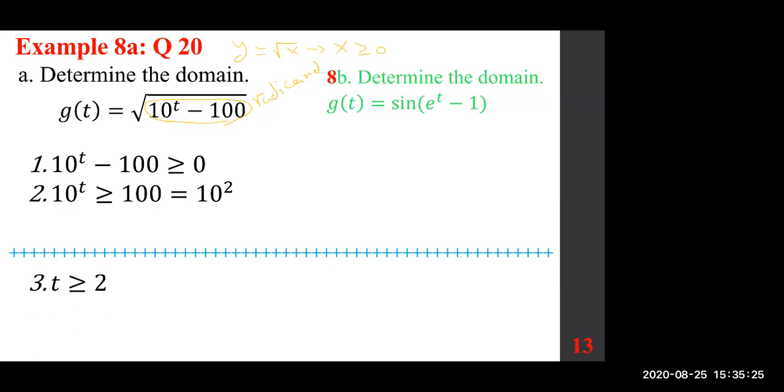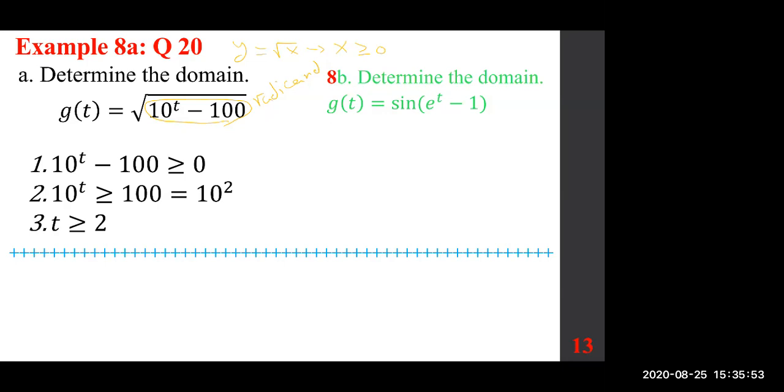So t must be larger than or equal to 2 accordingly. And you can test it. If you choose 2, it's 0. So if you go back and put in 2, you get 0. And anything larger than that makes it positive. All right.